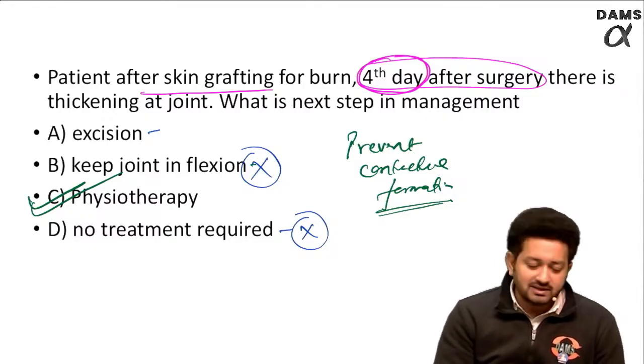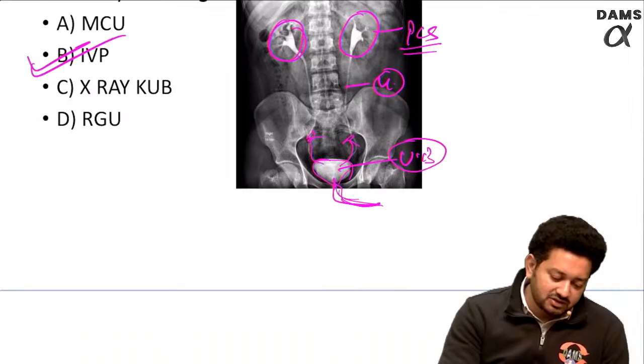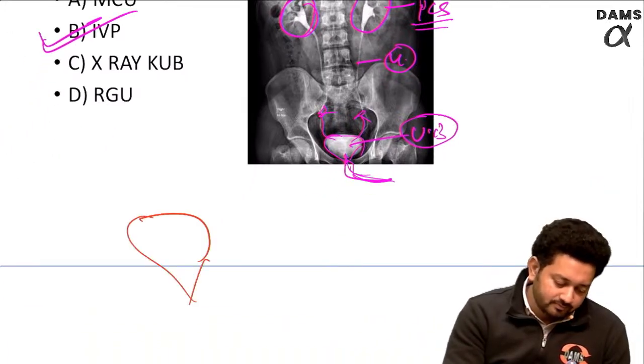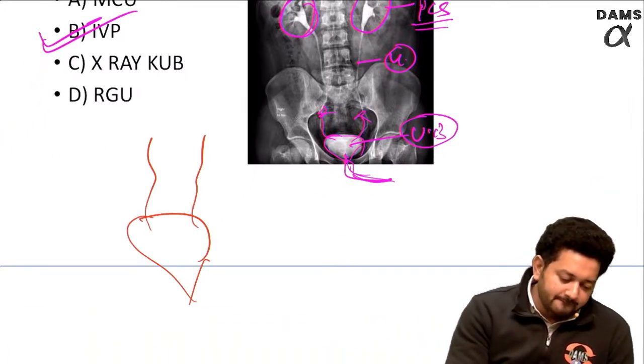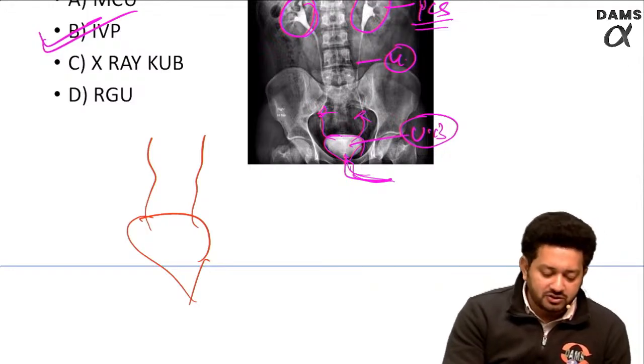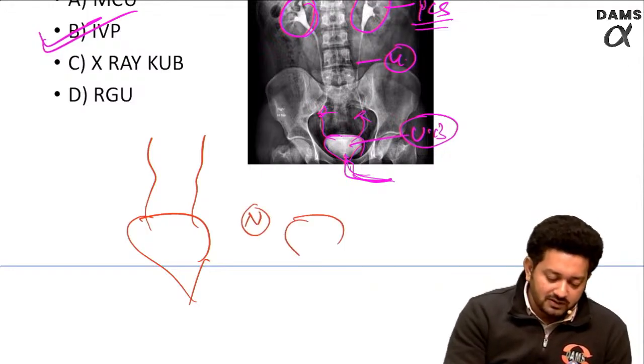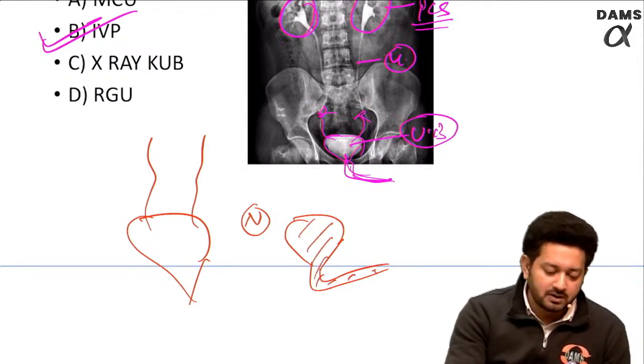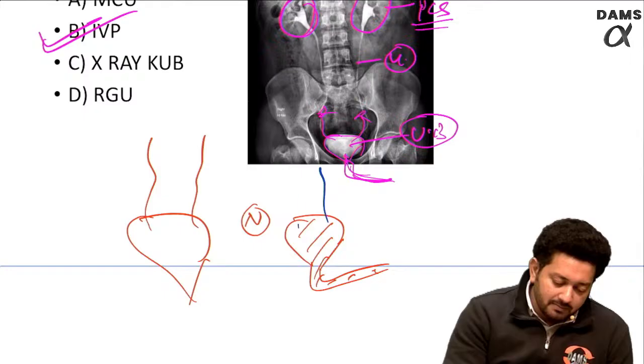Why not micturating cystourethrogram? See, in a normal micturating cystourethrogram, you will see only the bladder and the urethra. You will not see any dye going up. Now, if the dye is going up, it means there is vesicoureteric reflux.